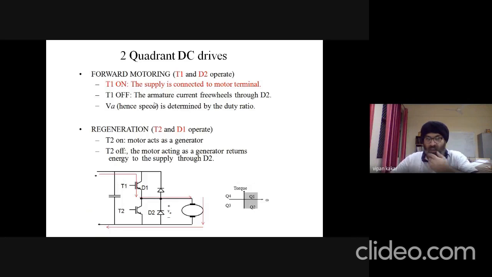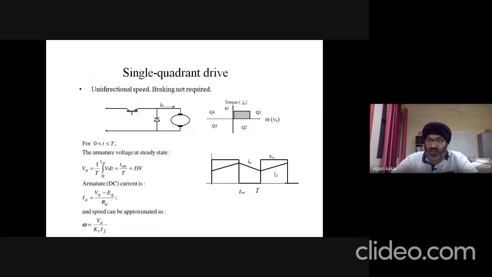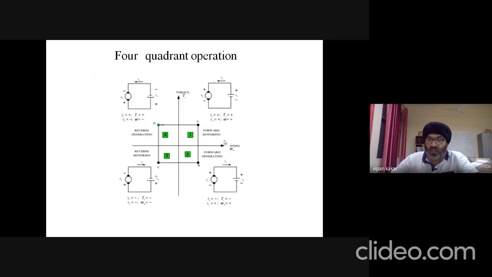But for two quadrant operation, we have a forward motoring mode and a regeneration mode. To start with, we go for the forward motoring mode, which is Q1. We saw that in here. And this is a regeneration mode, a forward generation mode, quadrant 2.